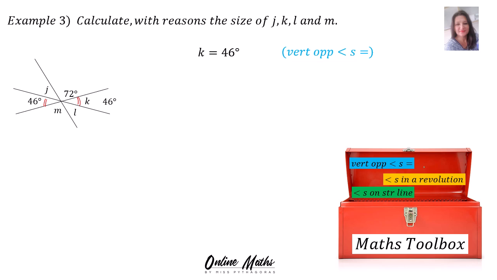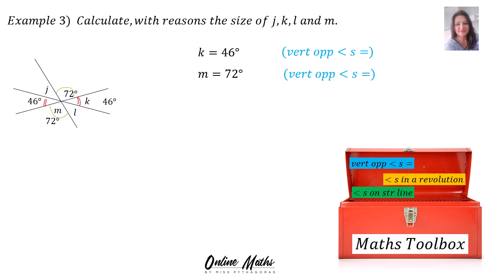The next angle is angle M and M is 72 and the reason why I can say that is angle M is also vertically opposite angles equal, but now it's vertically opposite to 72 degrees, the other angle. Then, once you know the size, the angle will fly in.